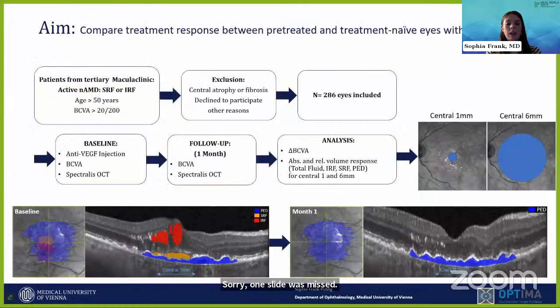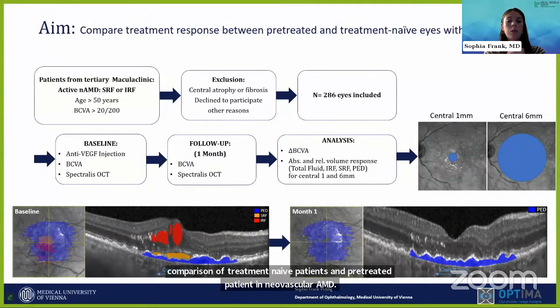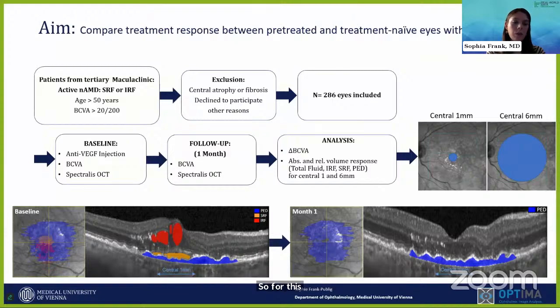We actually wanted to look in this analysis into the comparison of treatment-naive patients and pre-treated patients in neovascular AMD. So for this purpose, we included 286 eyes with neovascular AMD showing presence of SRF and/or intraretinal fluid at baseline. And those patients then all received anti-VEGF injections.